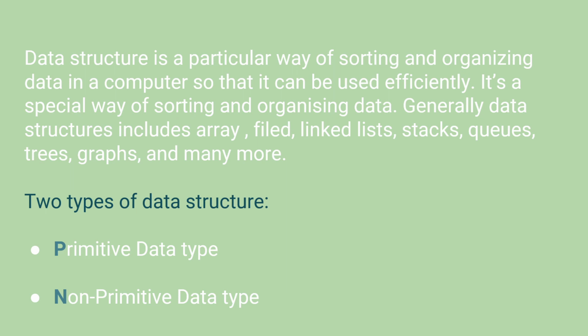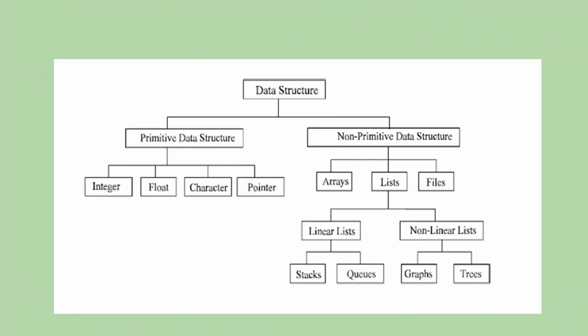There are two types of data structure, that is, primitive data structure and non-primitive data structure. So here is the flow chart of what we are going to learn in the whole lecture. Under the primitive data structure come integer, float, character and pointer.